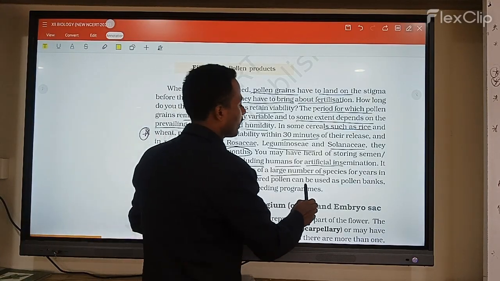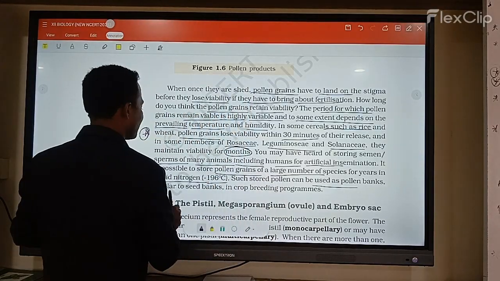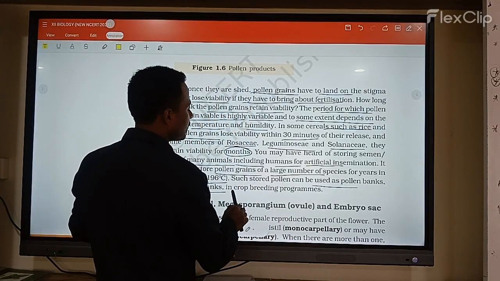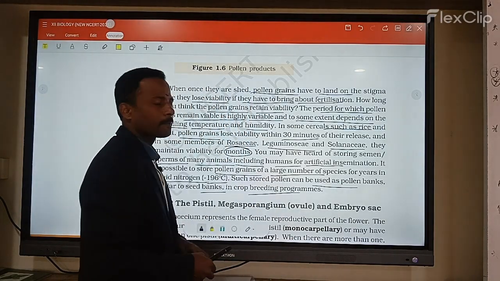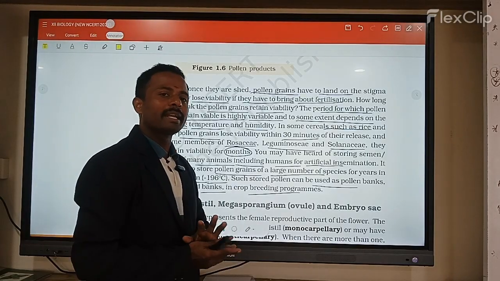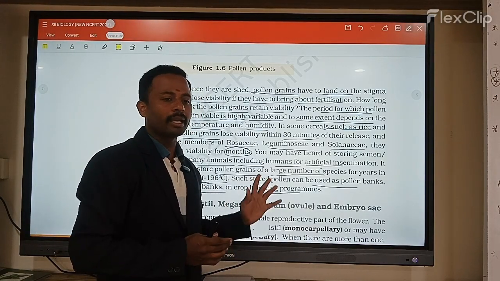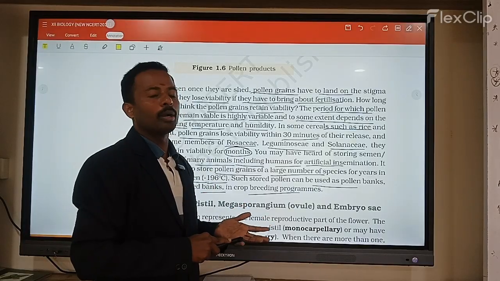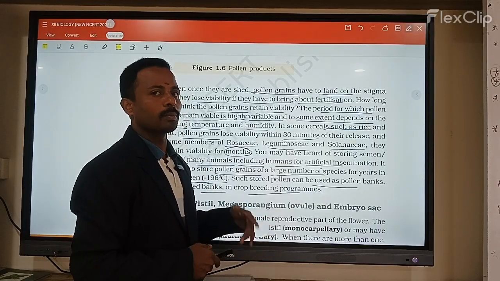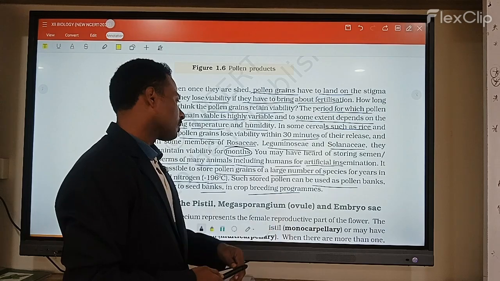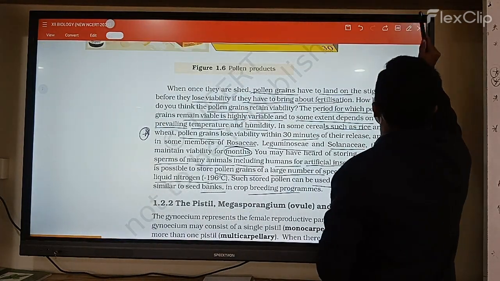Such stored pollen grains are used in pollen banks, similar to seed banks, in crop breeding programmes.